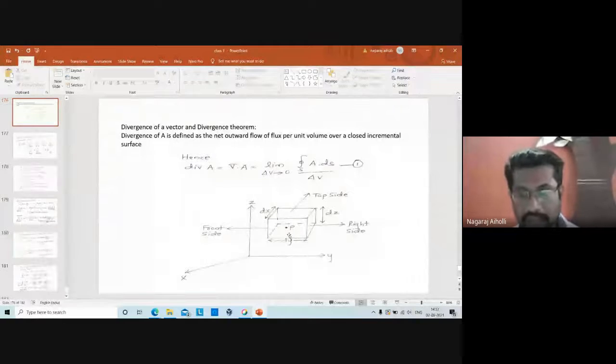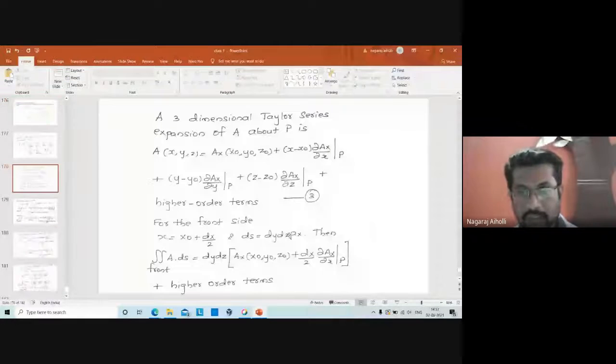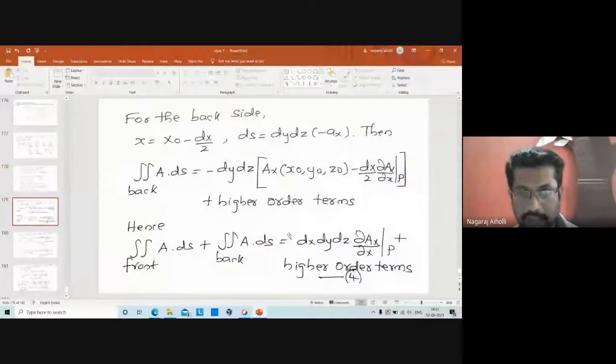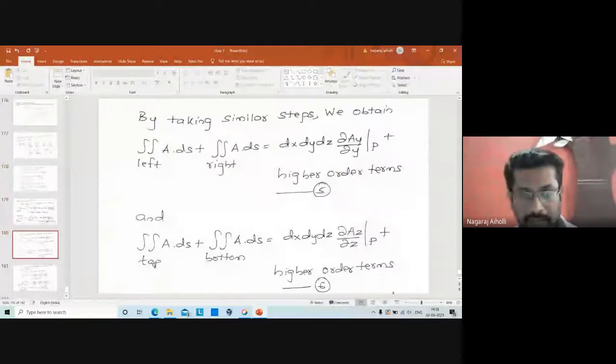Therefore the term that we will get is ∂Az/∂z for the top plus bottom. Double integral of the top surface a dot ds plus double integral of the bottom a dot ds will be dx dy dz ∂Az/∂z at the point P plus the higher order terms. Let us take it as equation number 6.